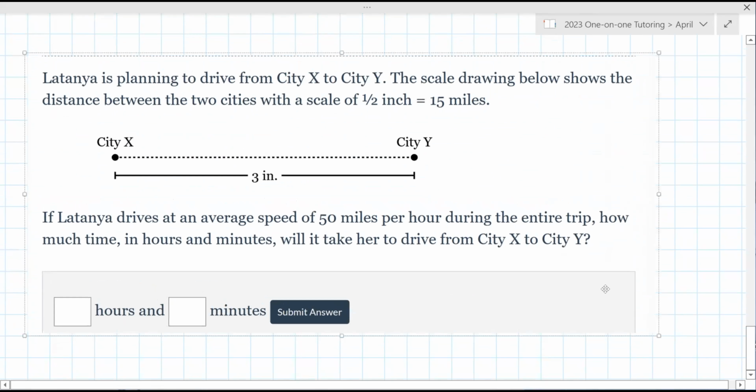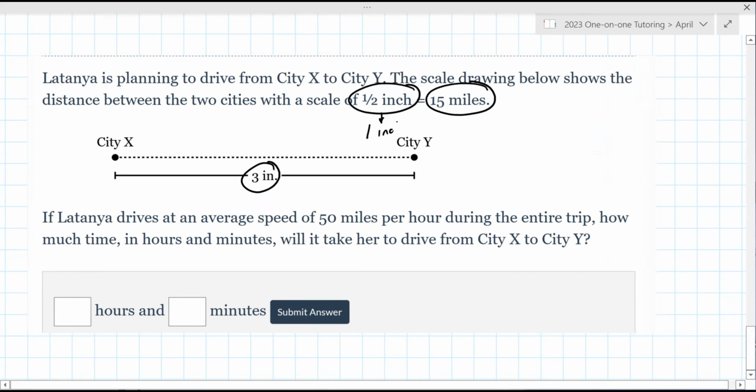All right. Notice I'm not even reading the problem because they are the same. This one is 3 inches, ½ inch is 15 miles. So you go to 1 inch by multiplying by 2, 30 miles by multiplying by 2. So you're going to take that 3 and multiply by 30, which is 90.